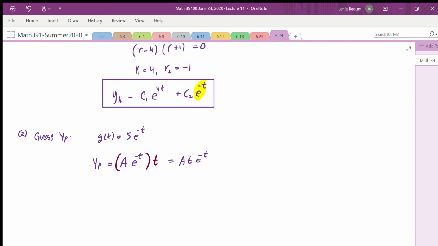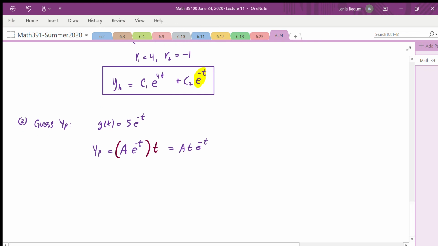Any questions on this? This is very important that you understand how to determine the form of the particular solution. Once you've found your particular solution, you compute its first derivative, second derivative, and plug it into the original.